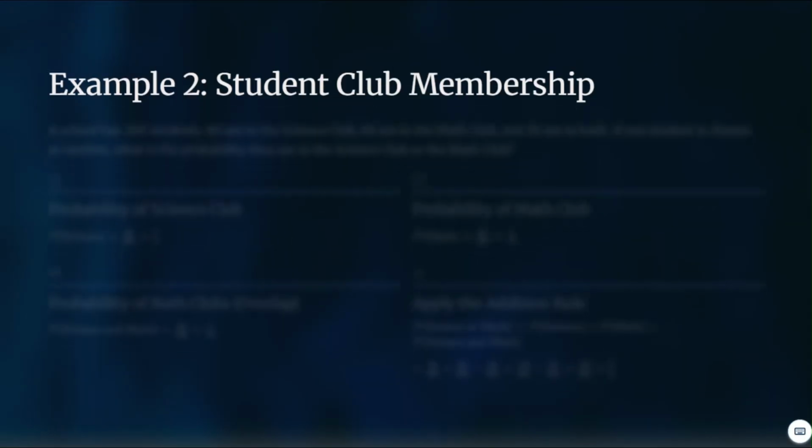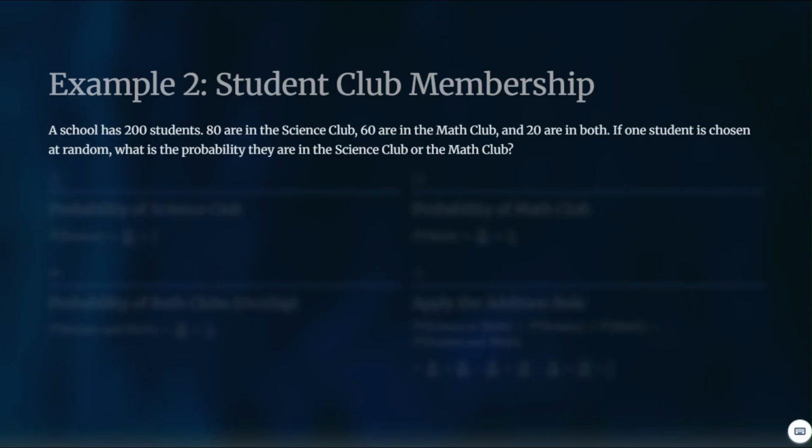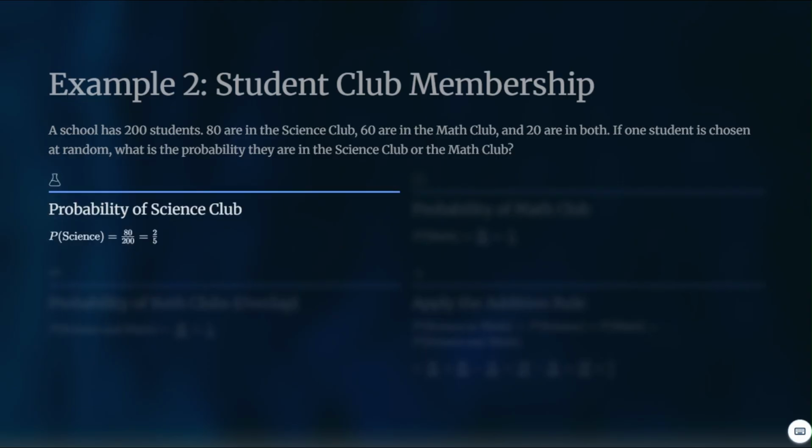Here's another example. A school has 200 students. 80 are in the science club, 60 are in the math club, and 20 are in both. If one student is chosen at random, what is the probability they are in the science club or the math club? So first, we'll find the probability of being in the science club.